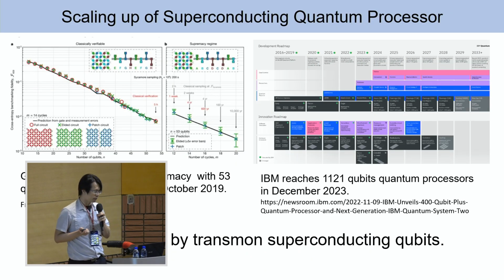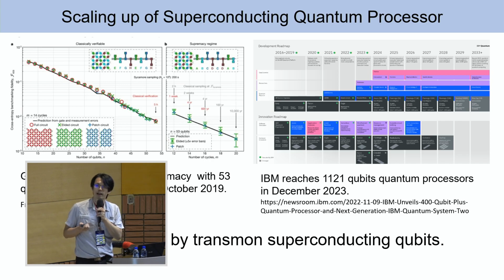So we all know that in 2019, Google already announced quantum supremacy, which they achieved with a 53 qubit quantum processor.